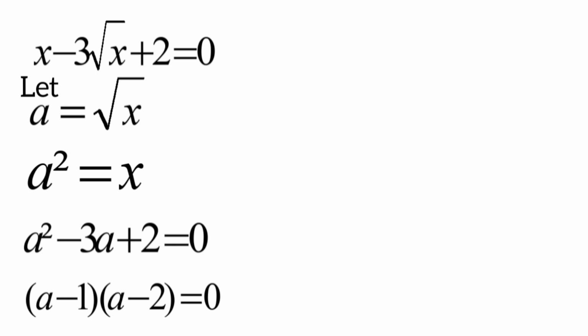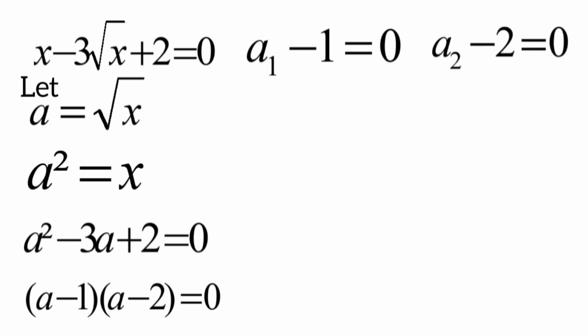So a sub 1 minus 1 equals 0 is the first value of a. Then we have the second value, a sub 2 minus 2 equals 0. So a sub 1 equals 1 and a sub 2 equals 2. Then go back to a squared equals x.